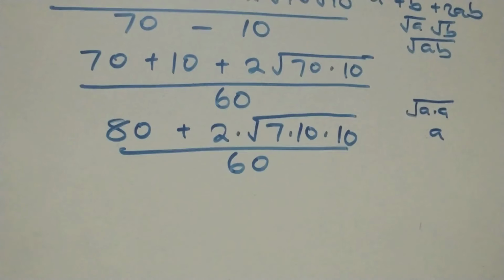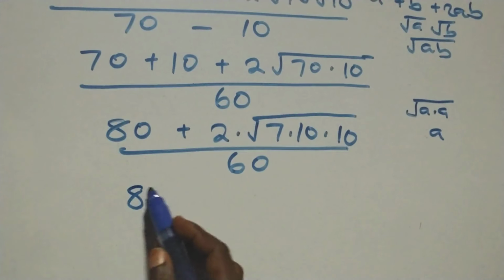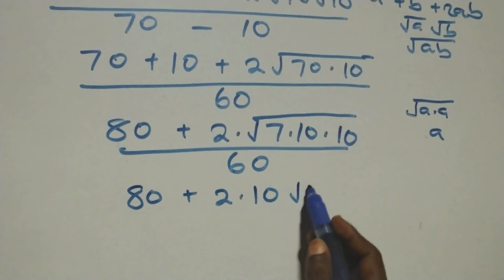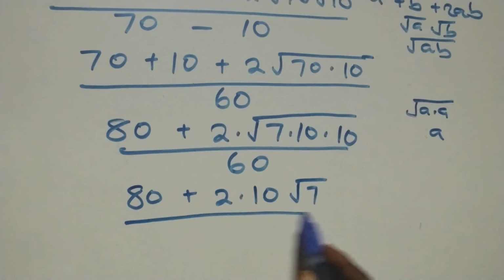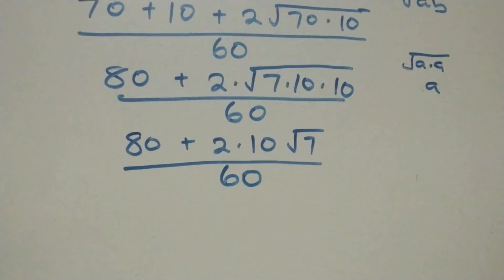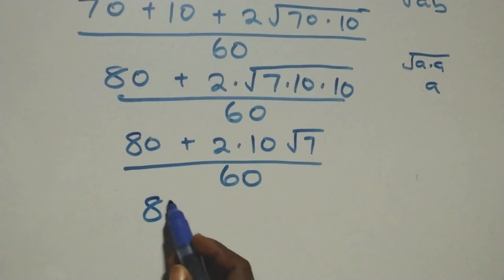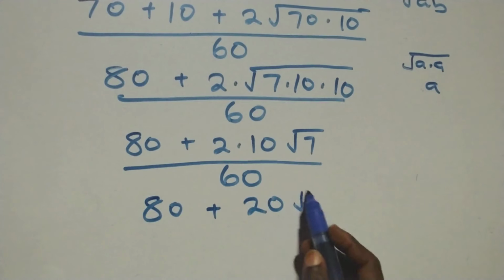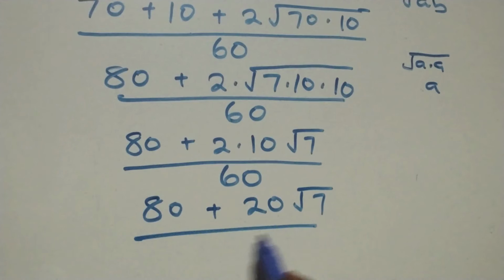We take 10 out here, and we have 80 plus 2 times 10, then we have root 7 left, over 60. That is, here we have 80 plus 2 times 10, 20 root 7 over 60.